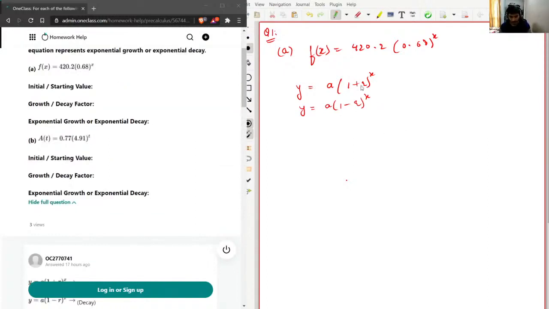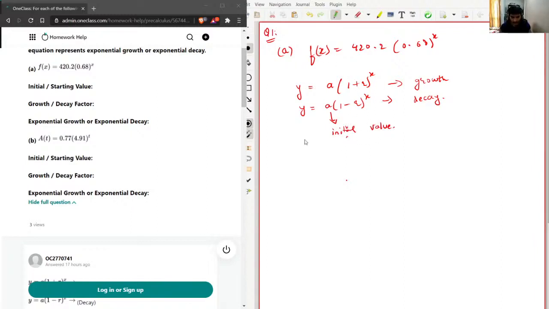In the case where we have a positive sign here, it will be growth. And for the case where we have a negative sign, it is going to be decay. And this a is going to be our initial value.